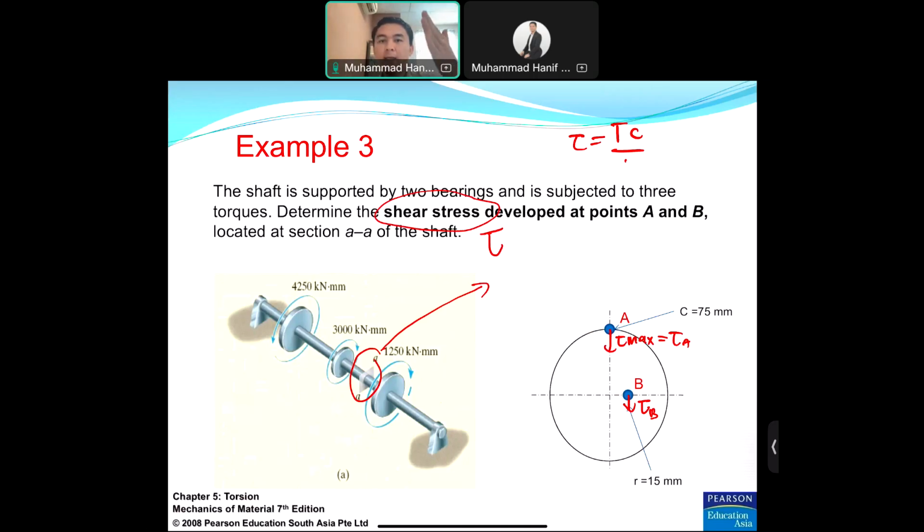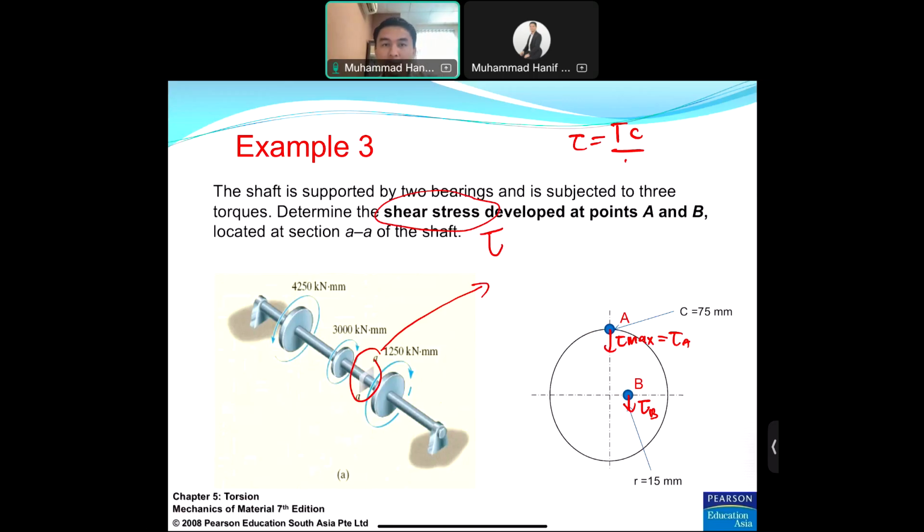You cut at AA and then you split it. You draw the left part only. On the left part we have 2 torques, 4,250 and also 3,000. Once you cut it, we can imagine that there is an internal load.